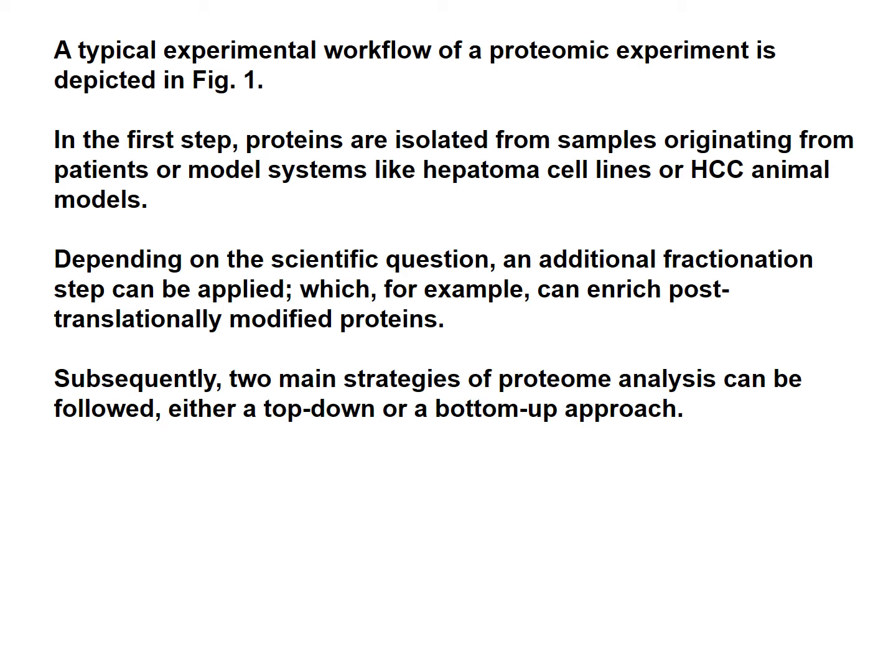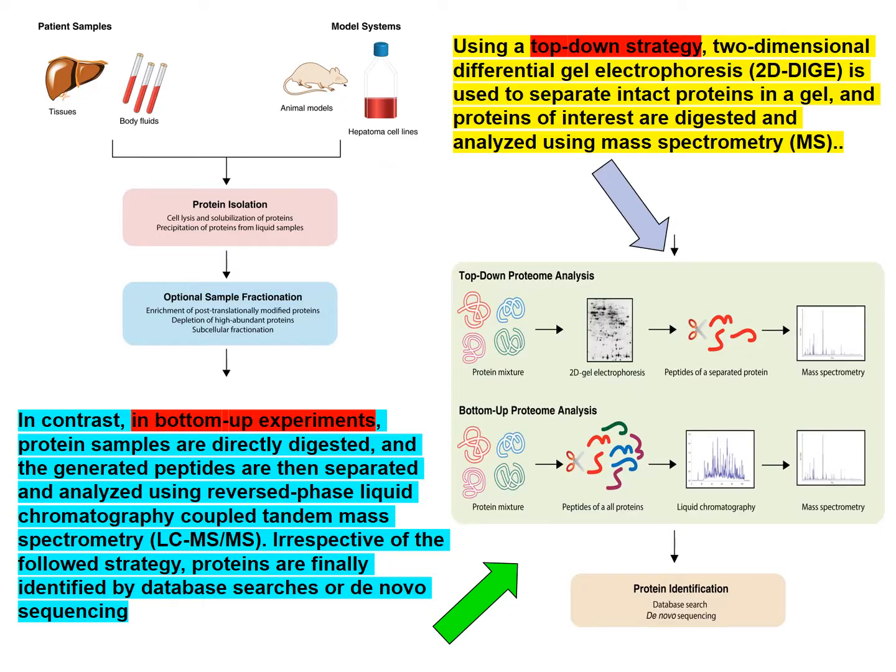And then that will potentially fractionate the proteins further, and that can actually enrich certain proteins, such as post-translationally modified proteins. And then the paper discusses some strategies, going from top-down or bottom-up approaches.